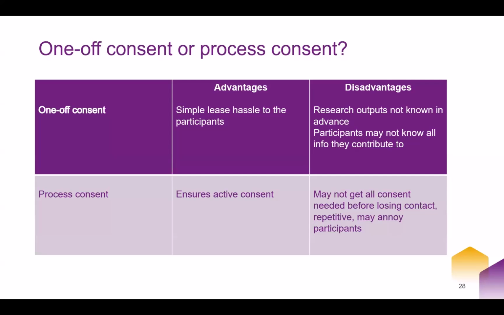So process consent is requested continuously throughout the research project, and it ensures active consent, but it may not get all consent needed before losing contact, and it can be repetitive for participants, and it's not feasible all the time. But this is the second type that is there.